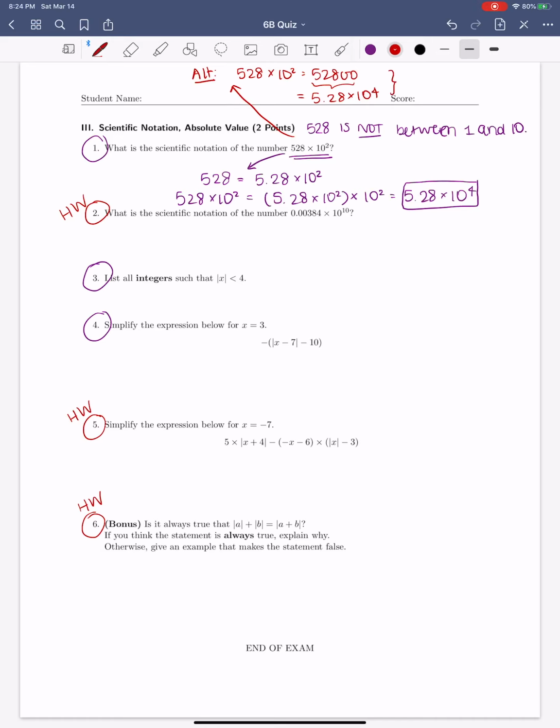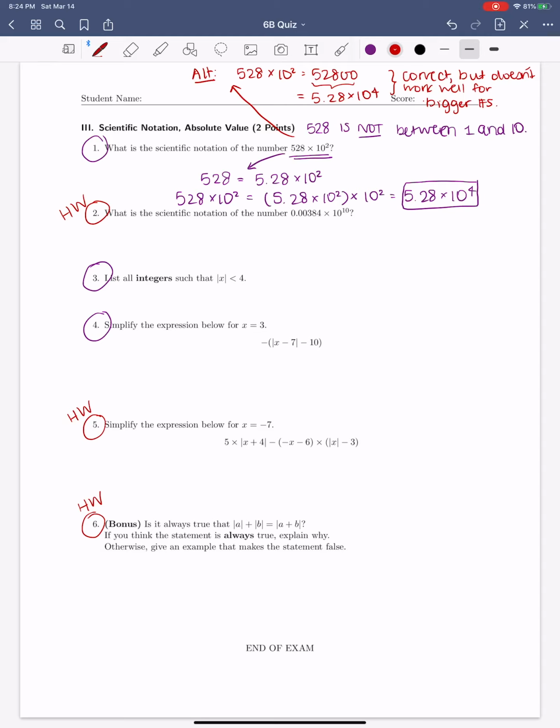This is correct, but it doesn't work well for bigger numbers. So imagine I gave you something like 528 times 10 to the 20 instead of 10 squared. This alternate approach would be very prone to errors, whereas this one is way less prone to error. So number 2 I'm going to skip.